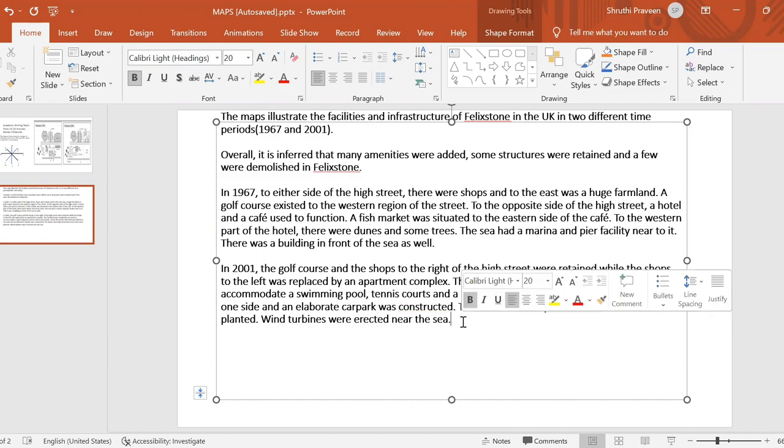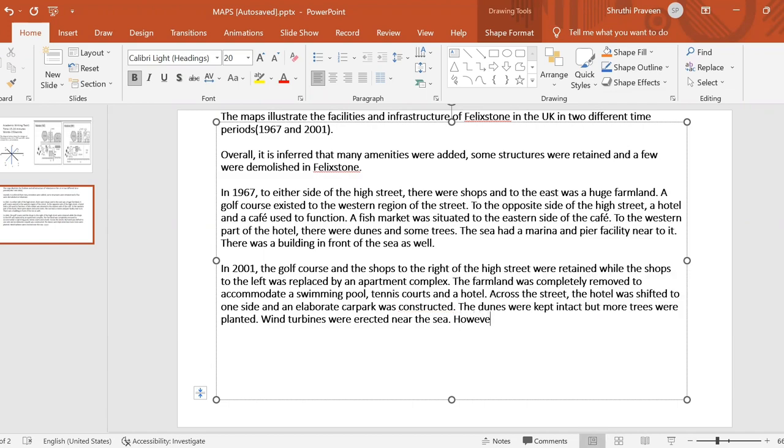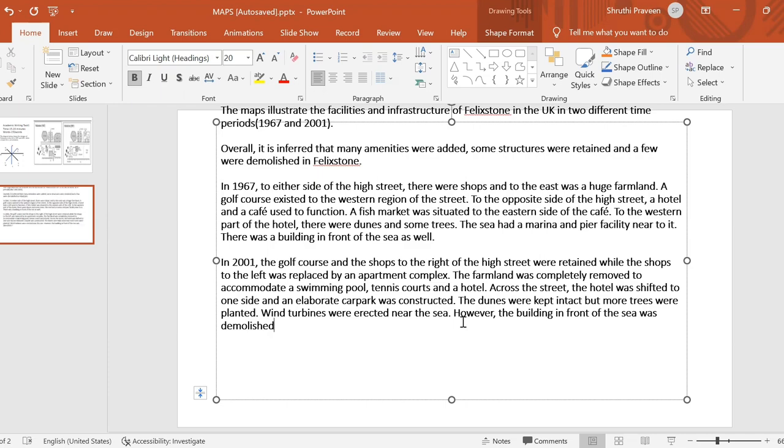Then, but what happened, however? The building in front of the sea was demolished. Demolished, okay.